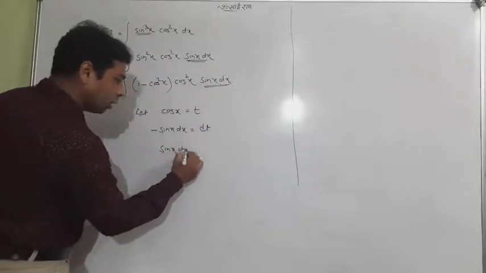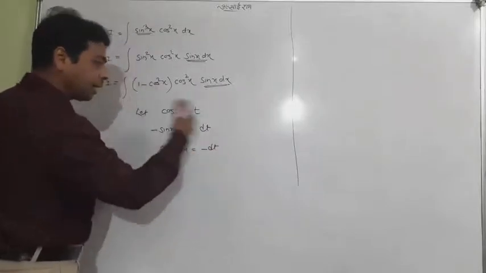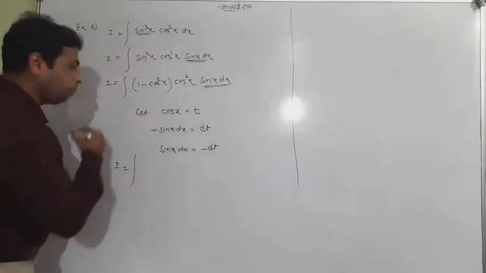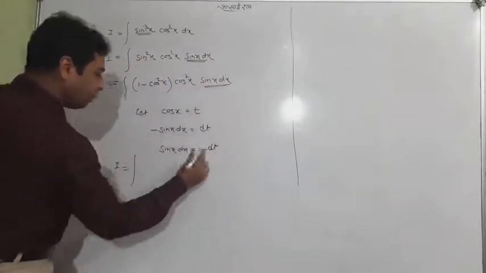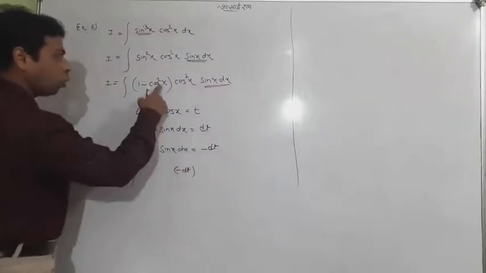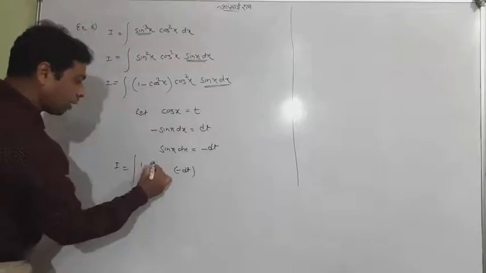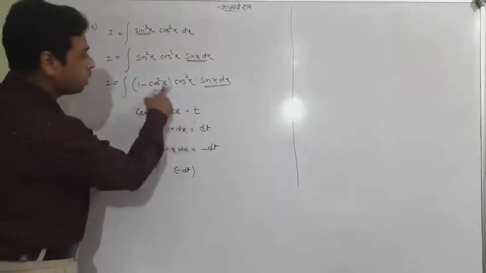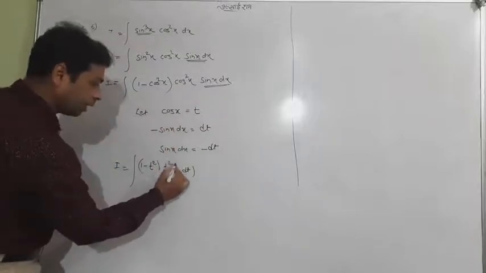So you transfer the minus sign to that side, and minus dt will be there. This whole term will be written as minus dt. This 1 minus cos square x is equal to 1 minus t square, since cos x equal to t.